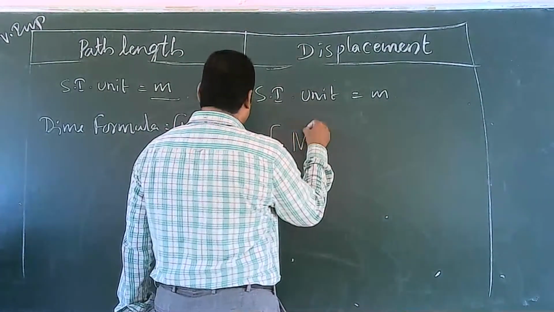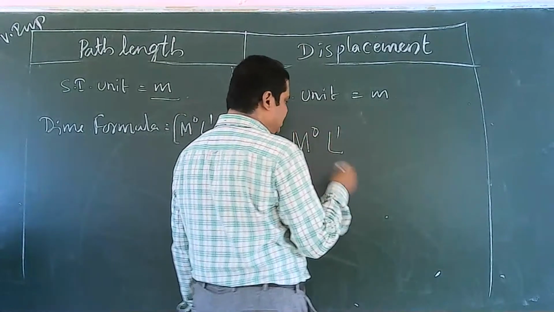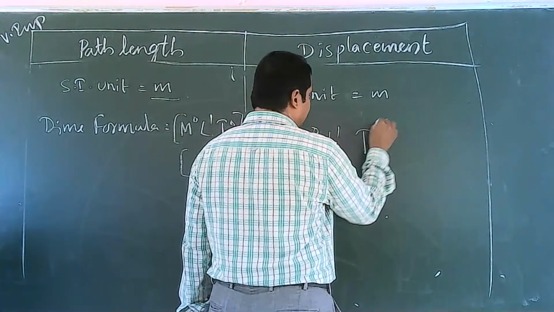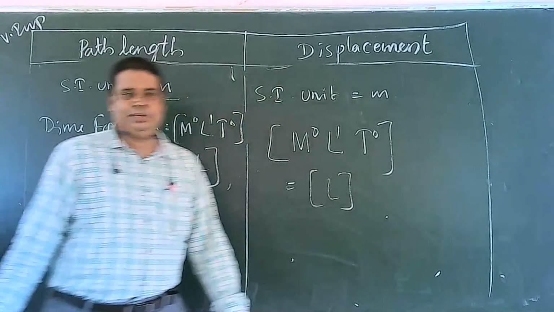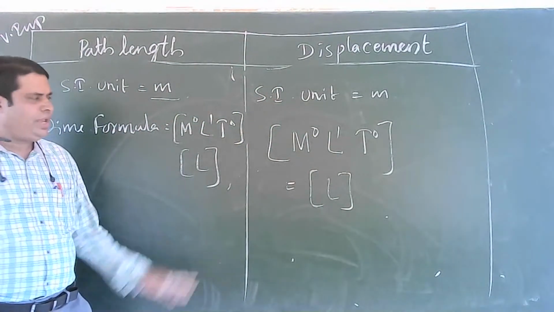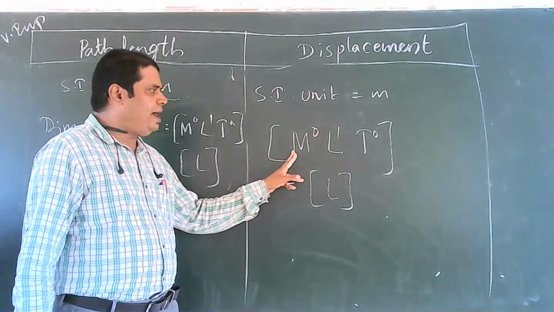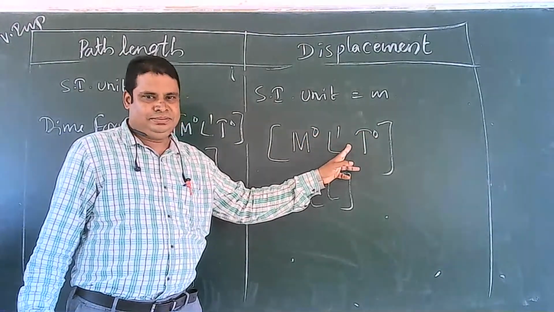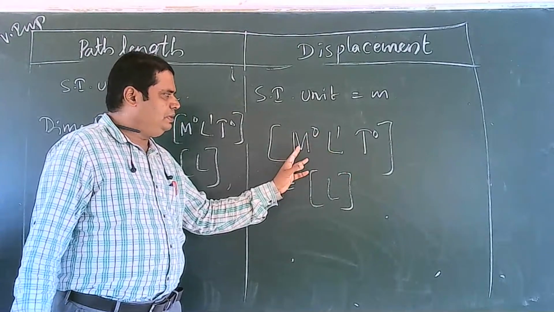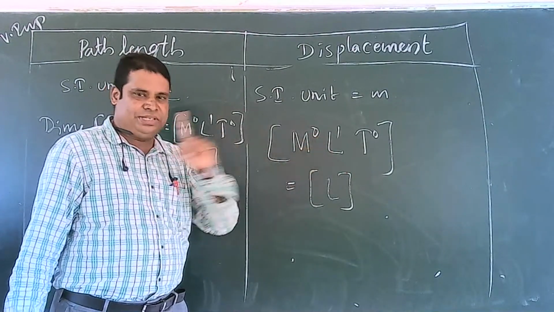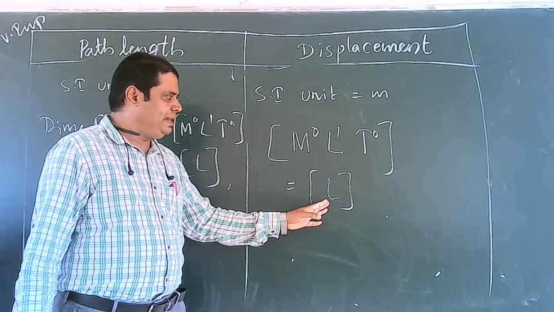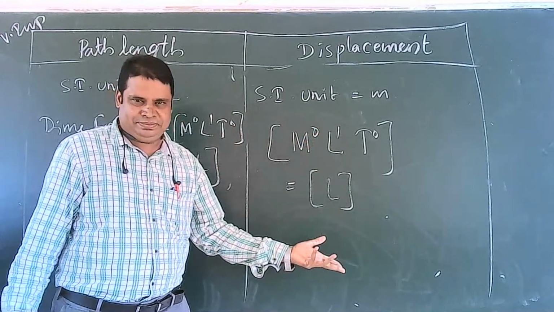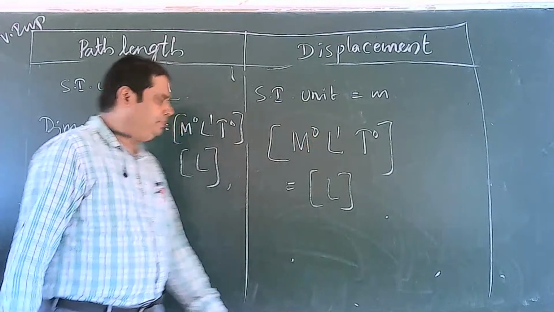Similarly, here too it is M to the 0, L to the 1, T to the 0 is your dimension formula. You know all these things. 0 in mass, 1 in length, 0 in time. Any number raised to 0 is equal to 1. Automatically we can write simply L. L raised to 1 means simply L.